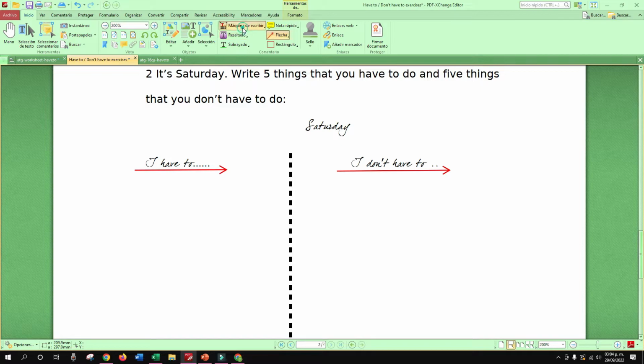For example, on Saturday, we can say I have to clean my room. That would be one, right? That is like I have to clean my room on Saturday. That is my free day, right? And I don't have to.